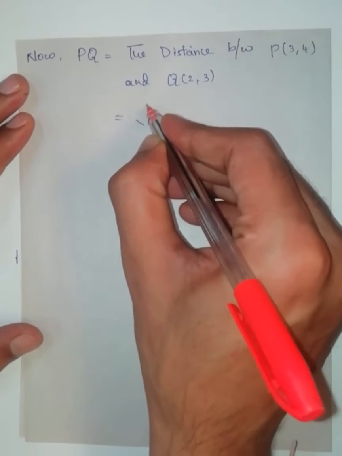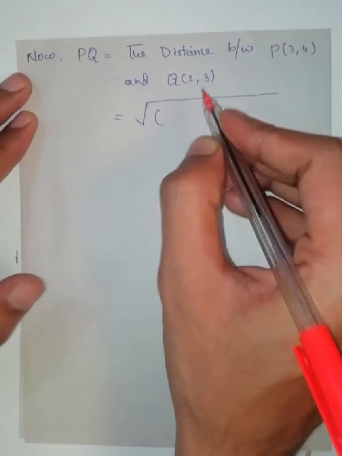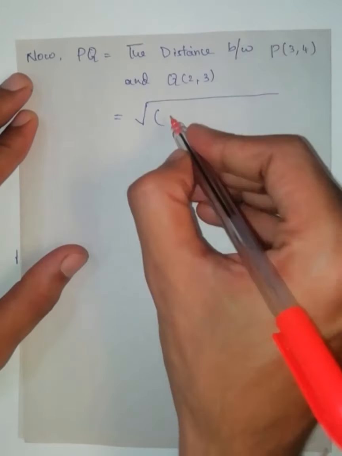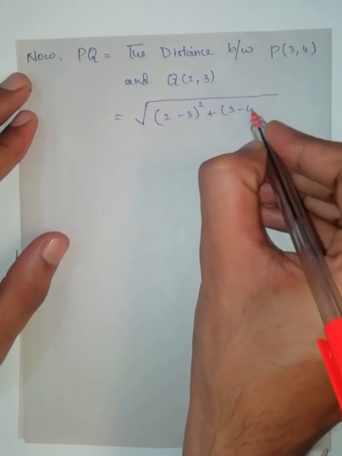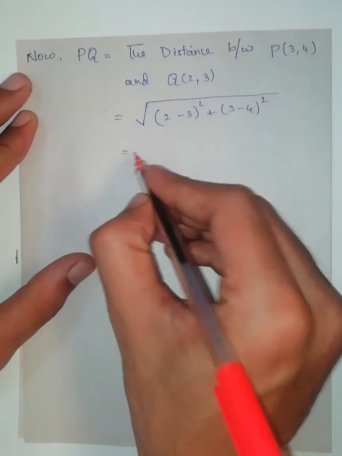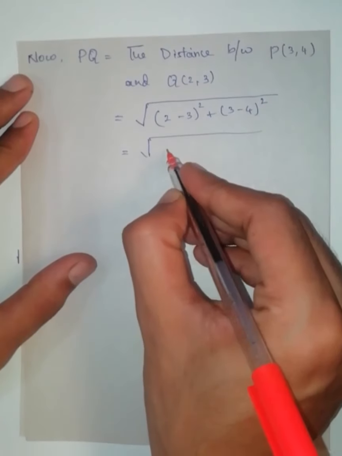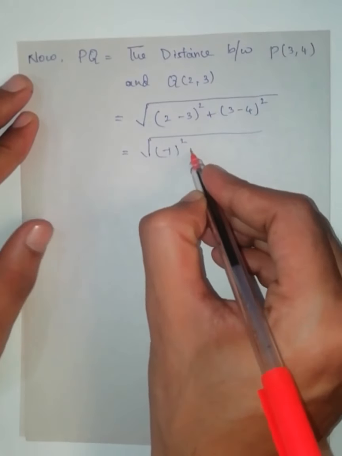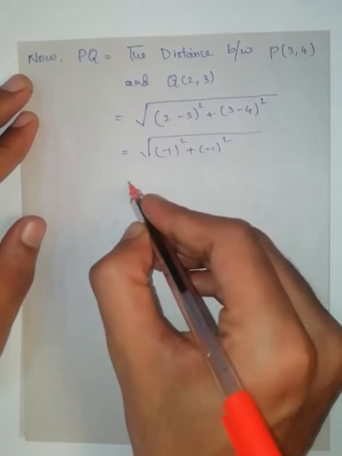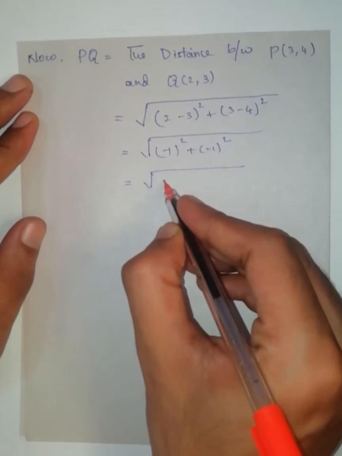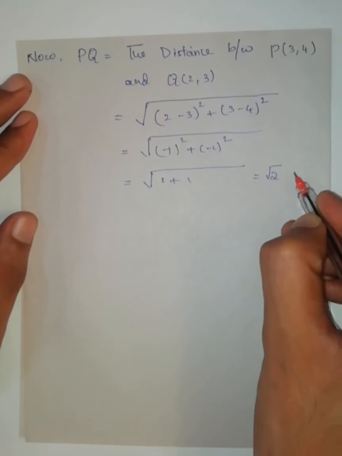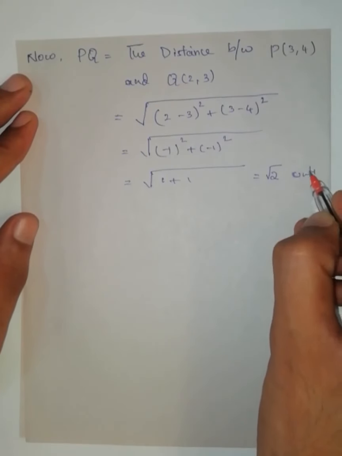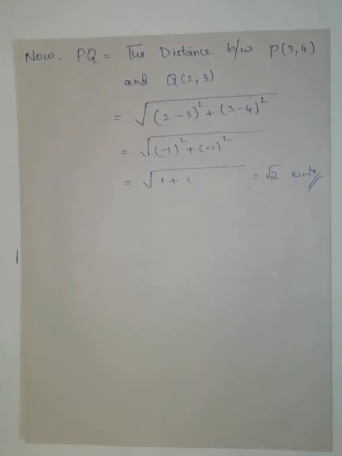That is under root x2 minus x1 whole square, that is 2 minus 3 whole square plus 3 minus 4 whole square, which is equal to under root minus 1 square plus minus 1 square. Minus 1 square is 1 plus 1, which is nothing but under root 2 units. This is the distance between P, Q.